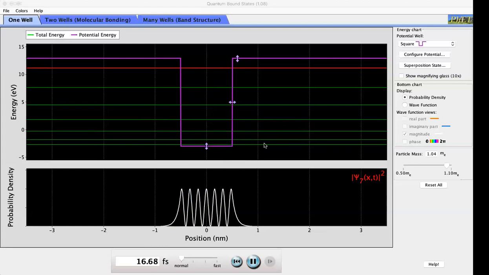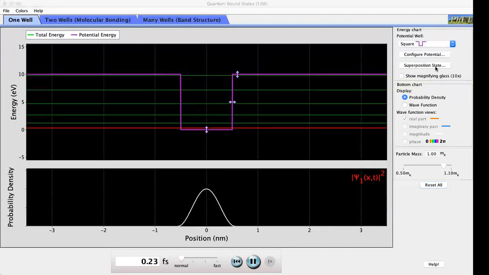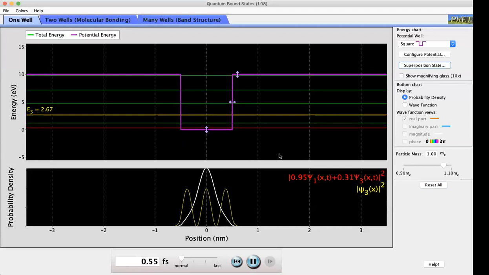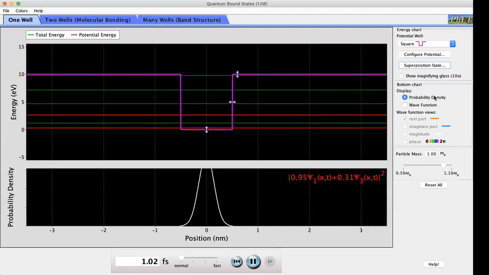Oops, just a second, there was a malfunction. So let me do this superposition. I'm going to mix in 1 and 3, normalize, and apply. And now we see that the probability density breathes. It's not a time independent thing. You see, I'm mixing mode 1 and mode 3.